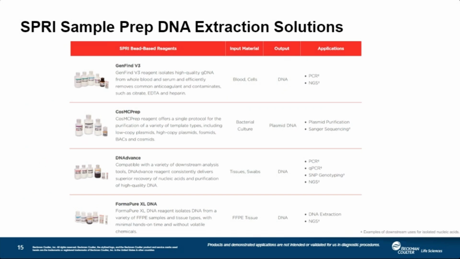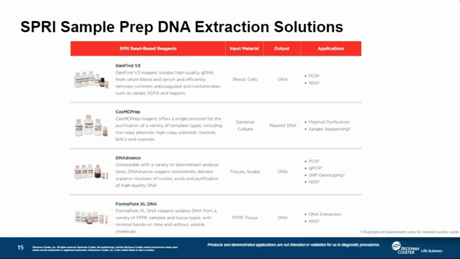Just very briefly, I want to let you know that in addition to things for cleanup, which we'll be talking about a little bit later in this webinar, Beckman also does offer solutions for sample preparation, so for DNA extraction solutions. One of the really great things is you can go on our website and you can look up what would be the best kit for your application, based on your input material, you can look up based on your output, or you can look at your downstream applications.